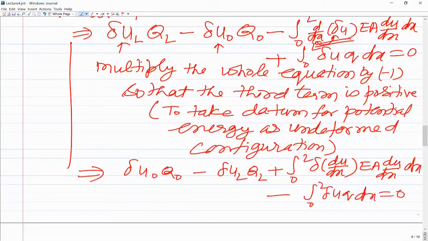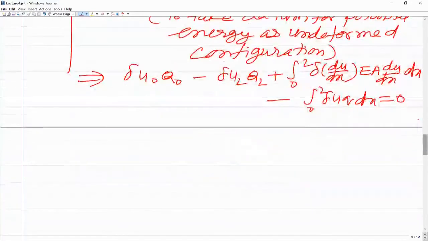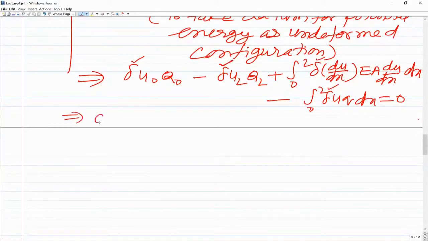Now if you see, this variational operator delta is there in all the terms. Here you have delta, here you have delta, in this term you have this delta here. So we want to take this delta common, so I can write delta and inside. One more thing: when I take delta common out, what I will have inside is something like u_0 into Q_0.